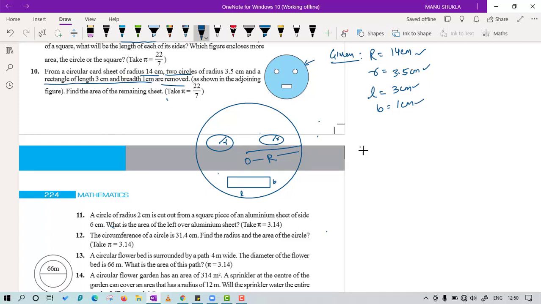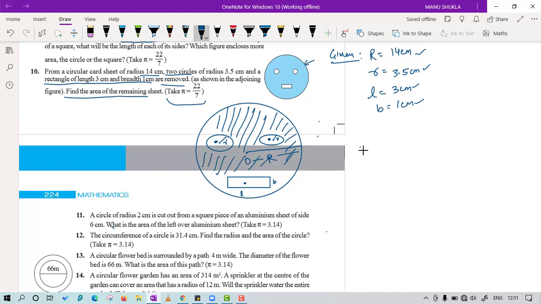One more thing, they are saying take pi equal to 22 by 7. Now let's read what we have to do. They are saying find the area of the remaining sheet. That means if you have removed the eyes and the mouth from the complete sheet, you have to find the area of the remaining sheet.